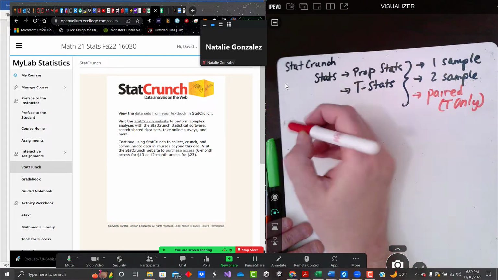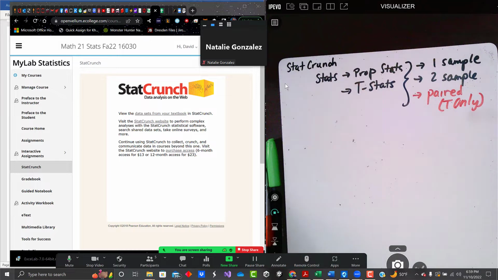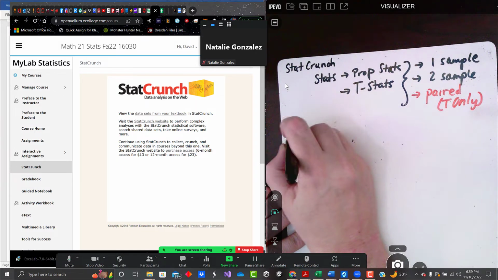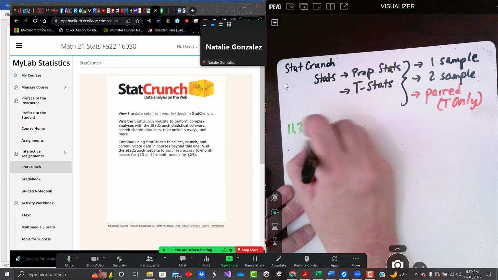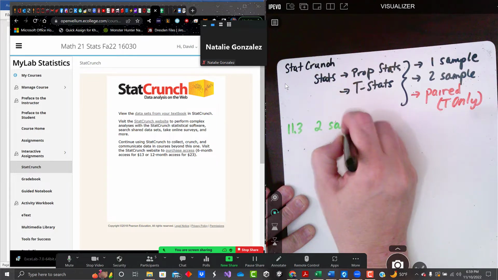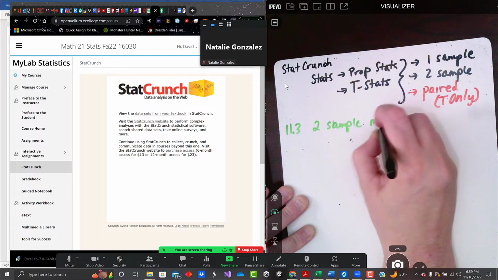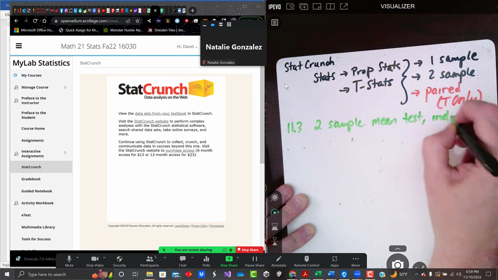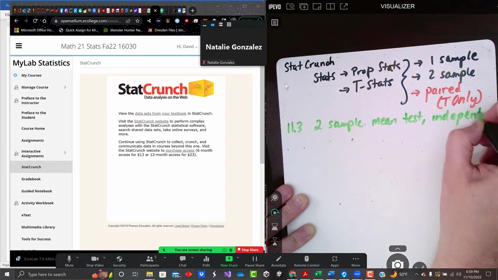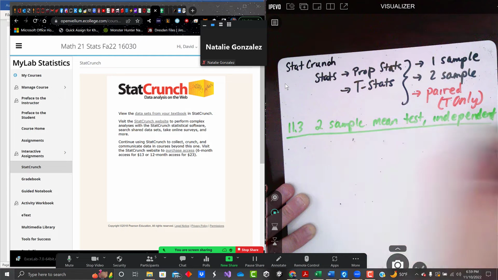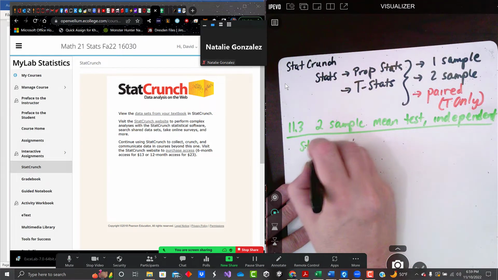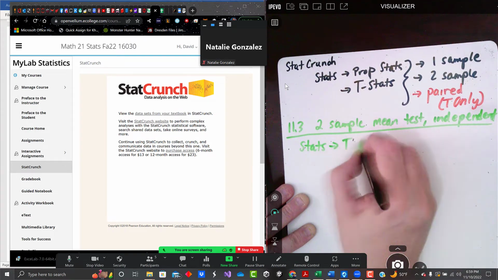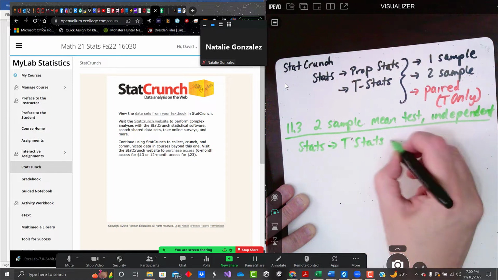So today we're doing Stats, T Stats, Two Sample. 11.3 is on the two sample mean test, not paired. So independent. And that will be Stats, T Stats, Two Samples.